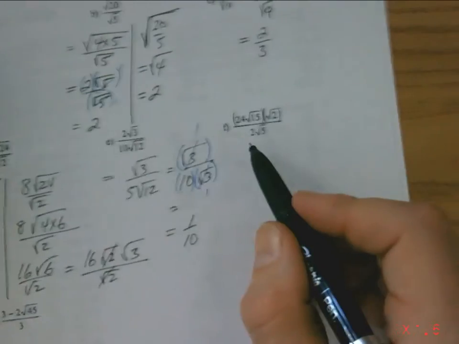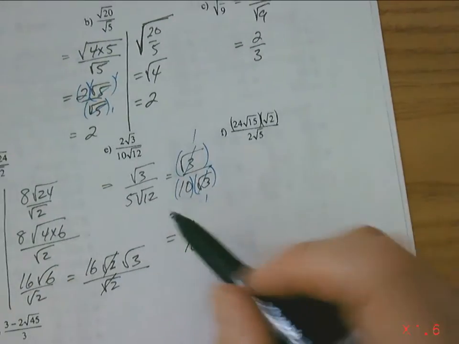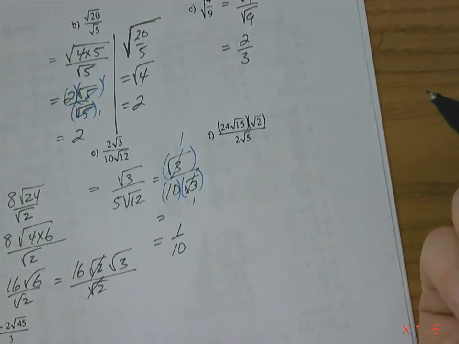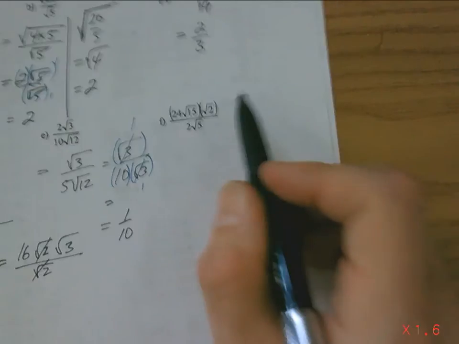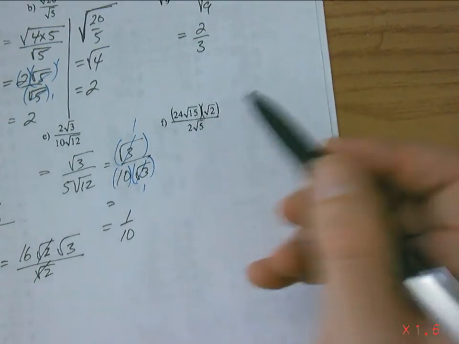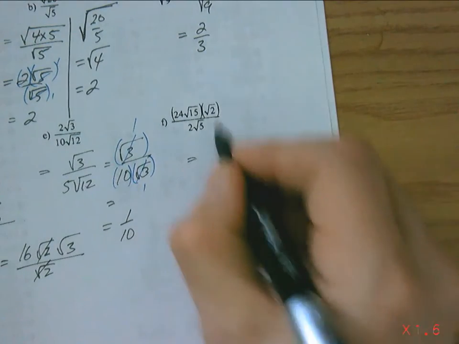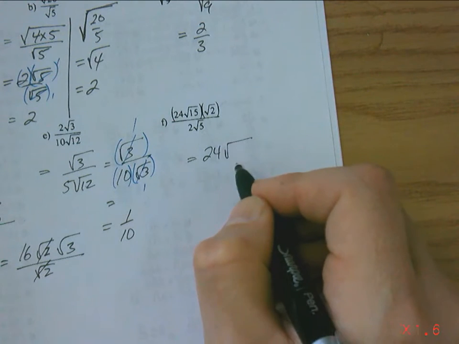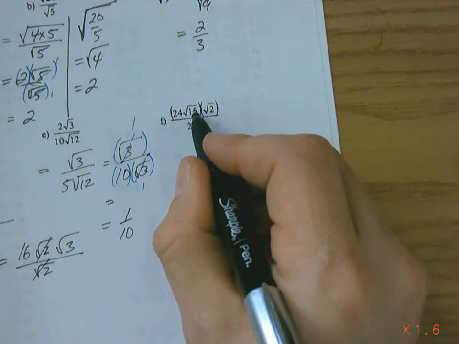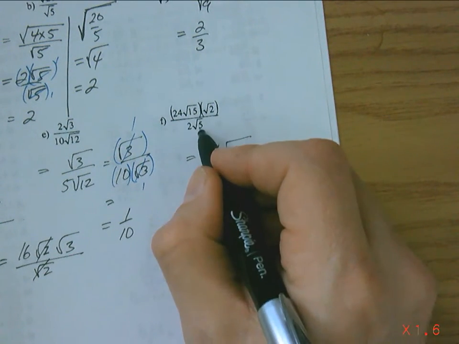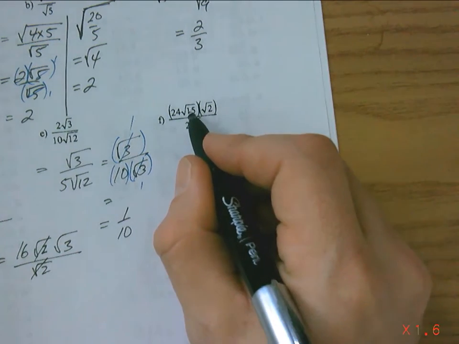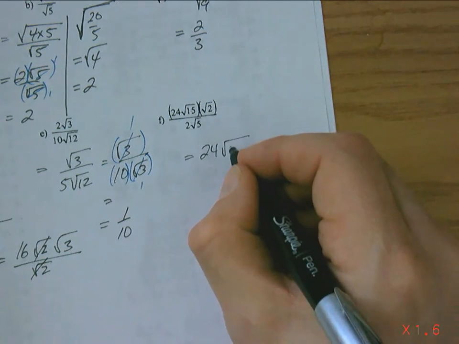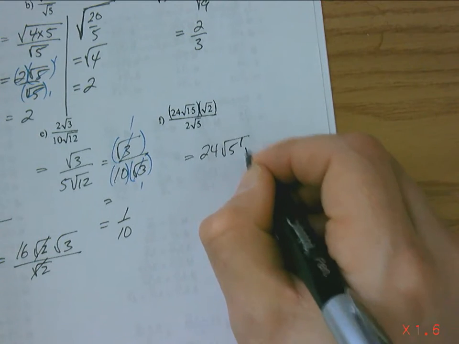Last one over here. There are other ways to do that, by the way. What I would like to do personally is take the 24 and come up with root... Well, I see the 15 here. The 15 jumped out at me because I've got a root 5 at the bottom. So 15 is 3 times 5.